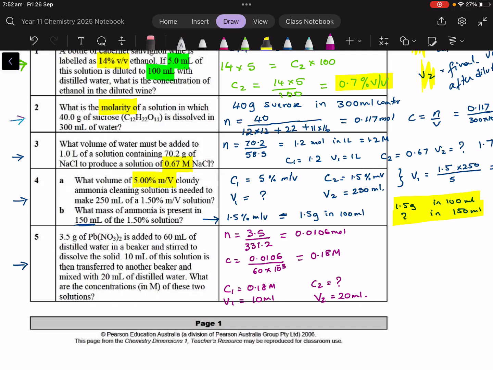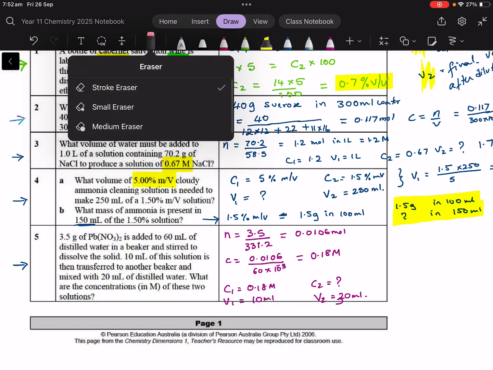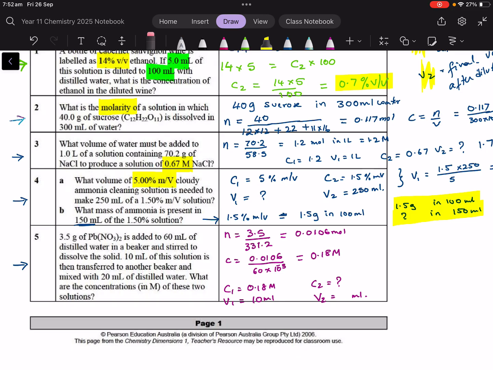So you're actually adding 20 milliliters to it. So the final volume is 30 milliliters realistically, not 20, because you're adding. So you have to read the question carefully. Here it says you are adding it to 20 ml. So your final volume is not 20 ml, but it's 30 because you've got 10 milliliters of the original solution. It's going to make that to a 30.